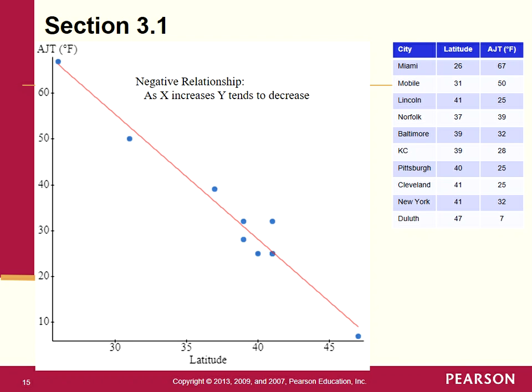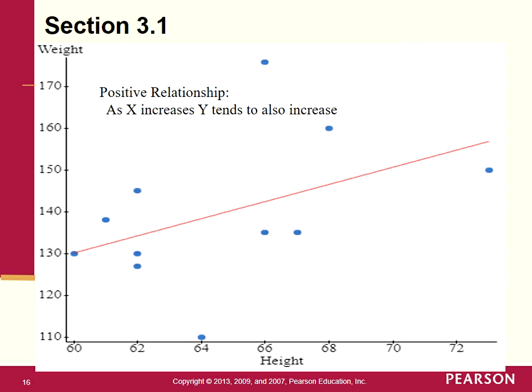All right. So we can also have a positive relationship. Here we've changed the variables. Notice our x variable is height and our y variable is weight. Generally speaking, when we think about height and weight, there is a relationship, and as height goes up, so does weight.